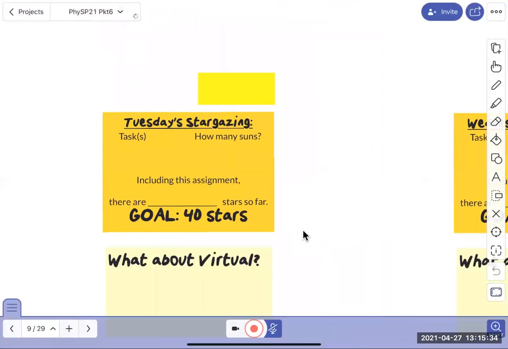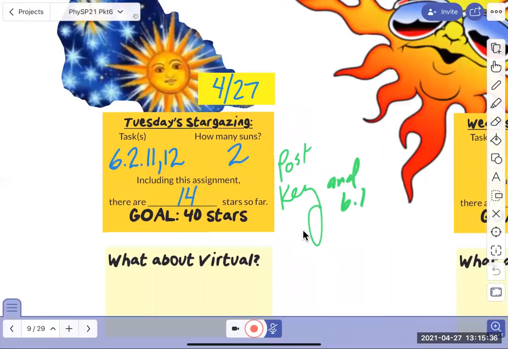All right. I did a little stargazing today. We finished up 6.2 and 6.1 today, so I'll post those keys. Now, hold on though, I just realized this. I'm not going to post the key to 6.1 until you guys have turned it in.